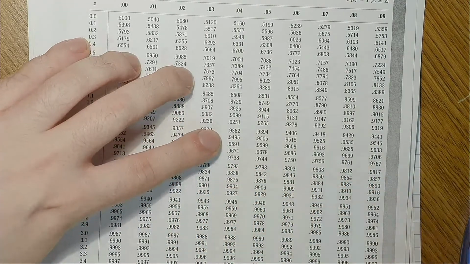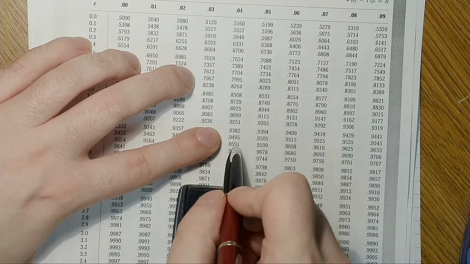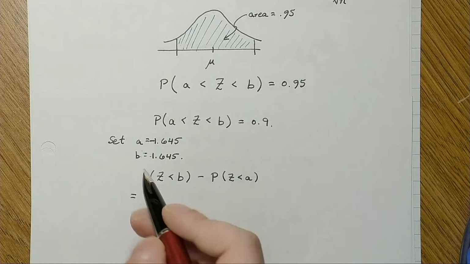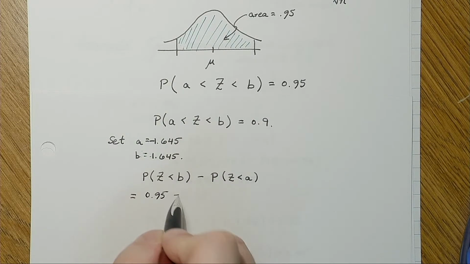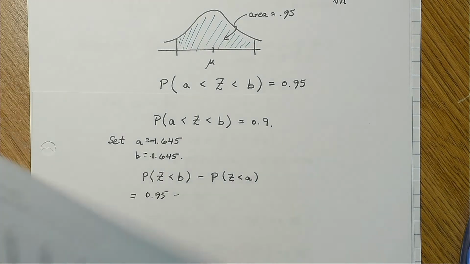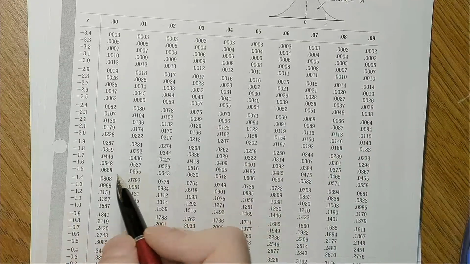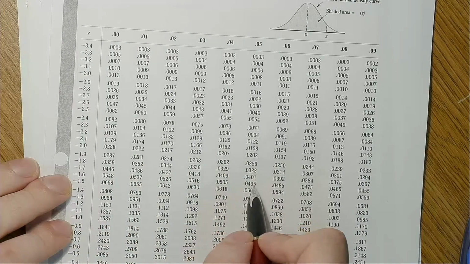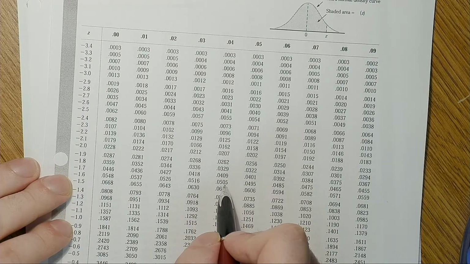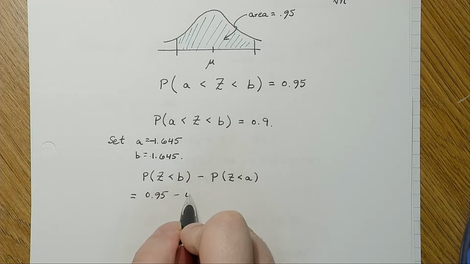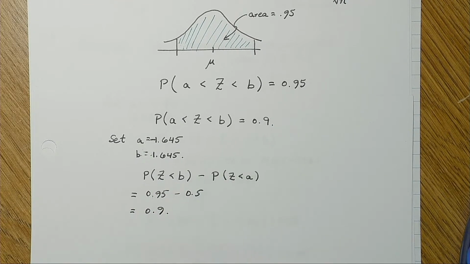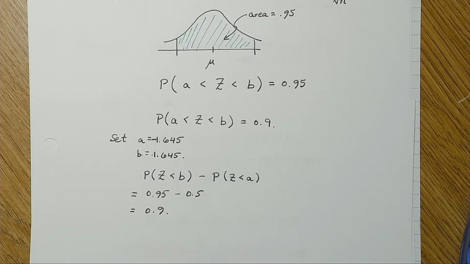So we have 0.949. So you would take kind of like the average here, so you would get something like 0.95. And same thing over here, if I look over on the negative side, negative 1.645, I would say 0.05. That gives me 90. Okay? So that's how we were calculating it.